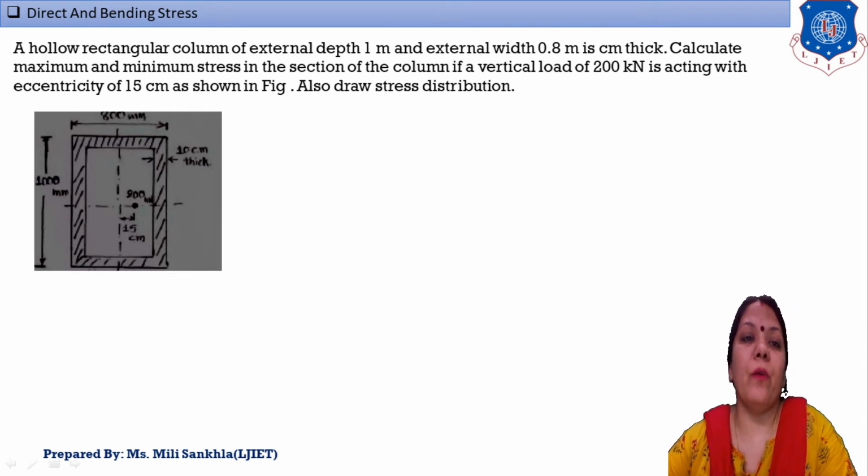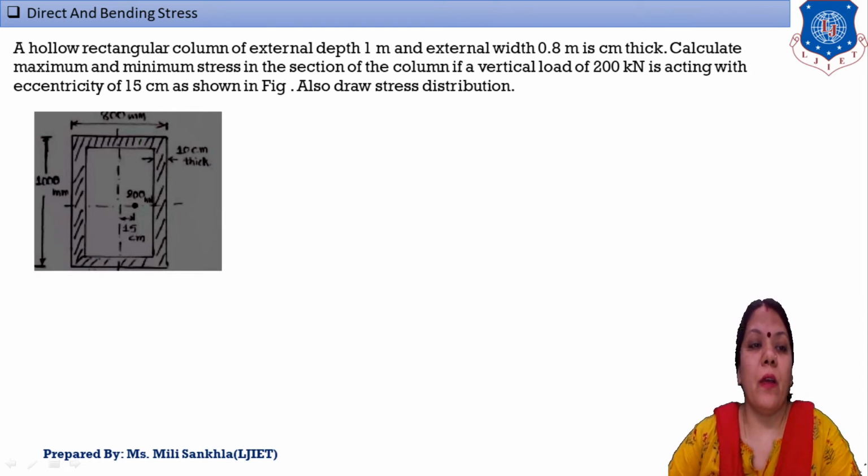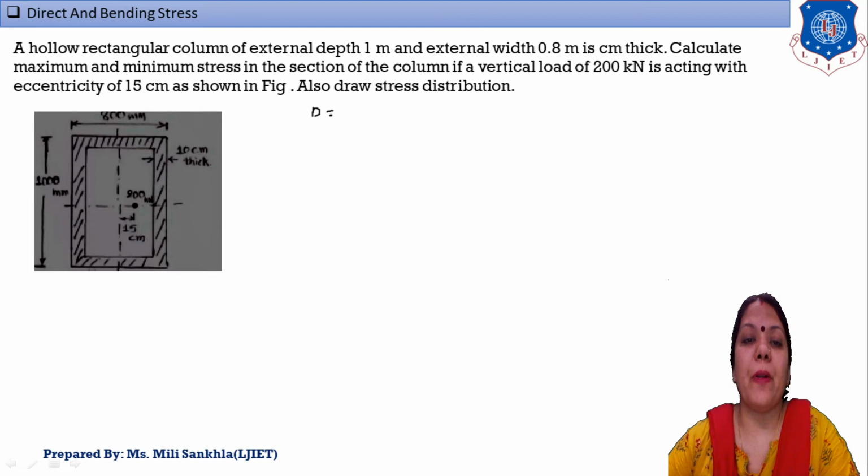Hollow rectangle column, external depth 1 meter, and in this figure the depth is given in mm. So first of all, write down capital D is equal to 1000 mm. External width is equal to 0.8 meter, but in the figure it is mentioned in mm. So write down external width, that means capital B is equal to 800 mm.